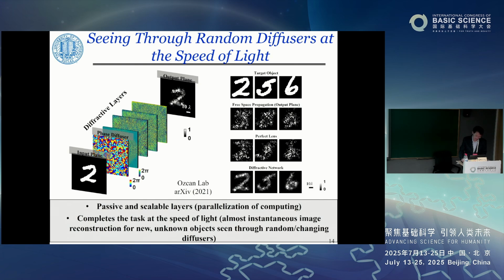Specifically, the model achieved about 92% blind testing accuracy using the mean square error loss function, and about 98% blind testing accuracy using the cross-entropy loss function during training.